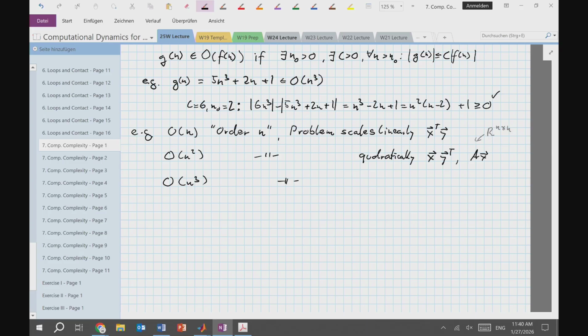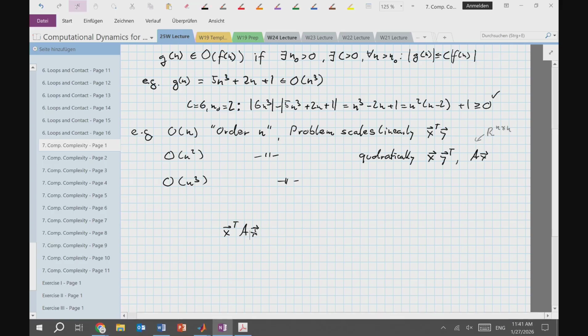I'll keep that in mind. So you say sort of this quadratic form. What's the computational complexity of that? Maybe let's discuss this first. I think this is a good point.